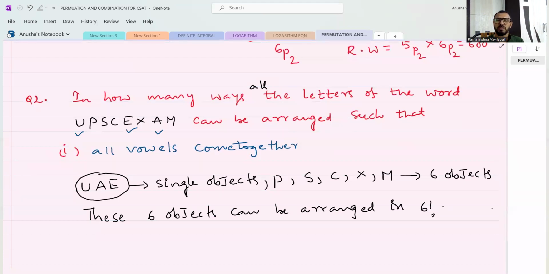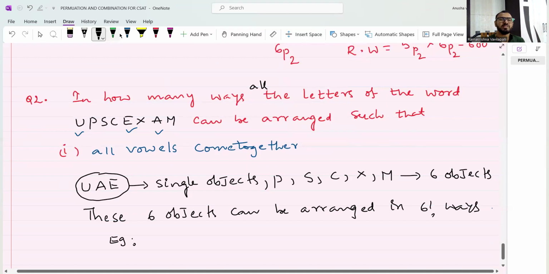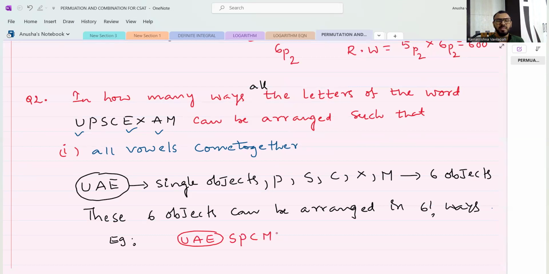We are taking total objects. I'll give you an example. Now, the answer is not yet finished. Like this: U, A, E, they all come together, then S, P, C, M, X. This is one possible arrangement.